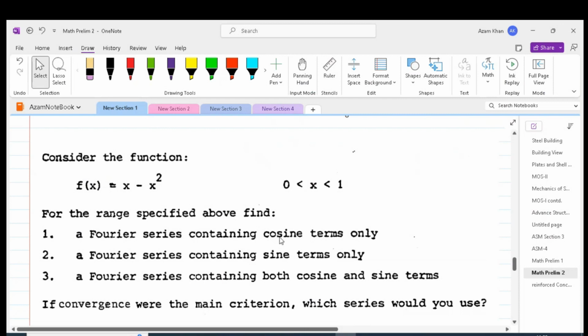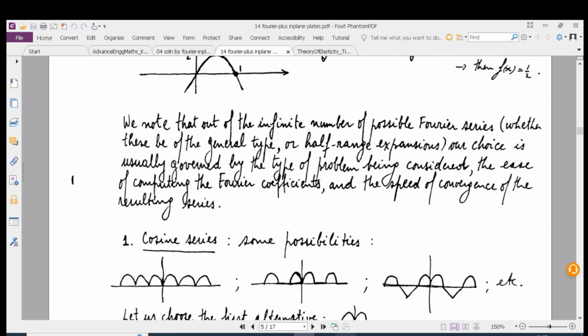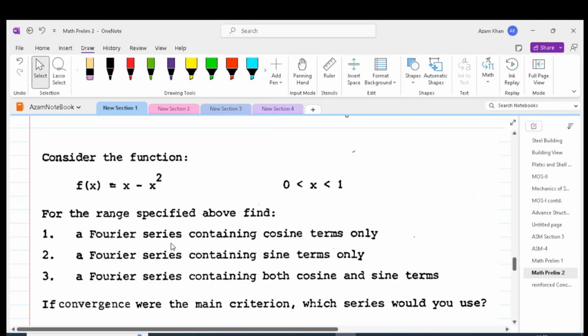So the Fourier series containing cosine, Fourier series containing sine, and Fourier series containing both cosine and sine will be worked out. So the first step is to draw this function. This function will look something like this one. We are asked to find a Fourier series containing cosine terms only.